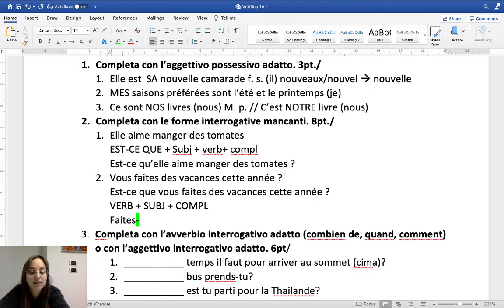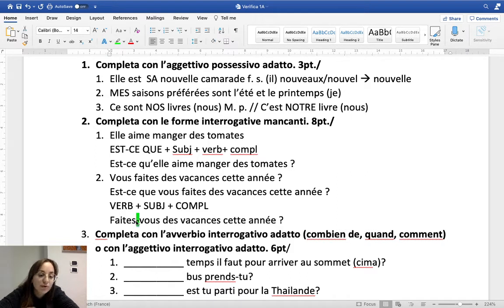Faites-vous, complements, des vacances cette année. So pay attention to this element. This is really important. We have to separate the verb and the subject with a little trait.